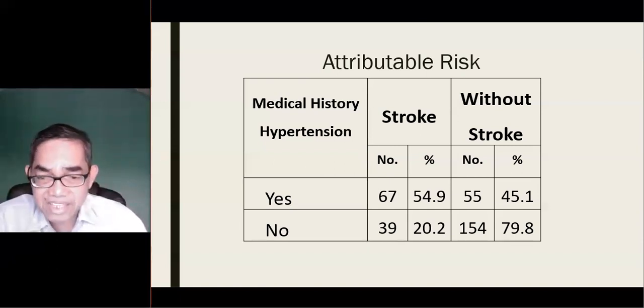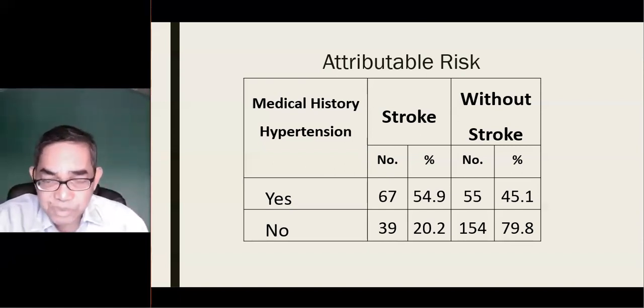You understand? Because as we said, not all of the 54.9% who develop stroke can be attributed to medical history of hypertension, because even if you don't have medical history of hypertension, 20.2% of them will still develop stroke.